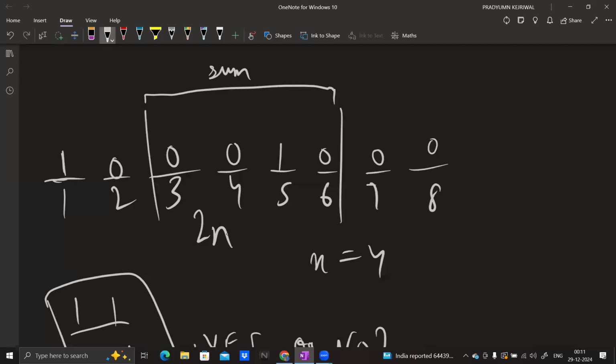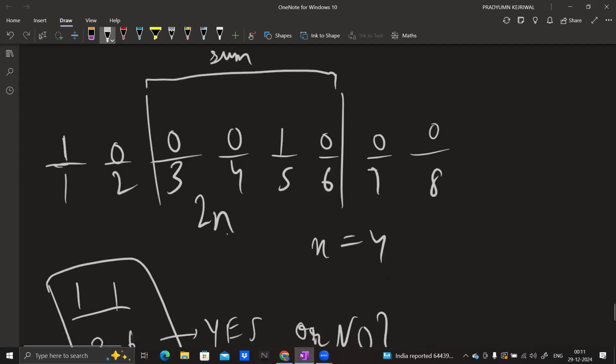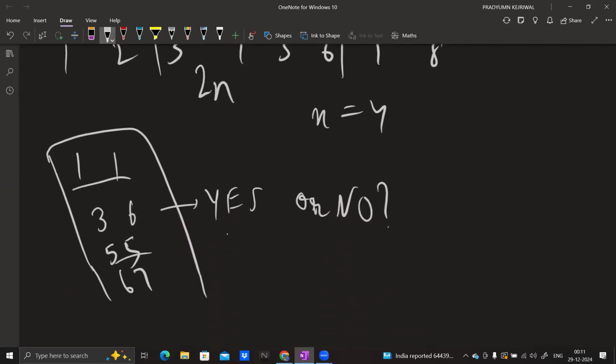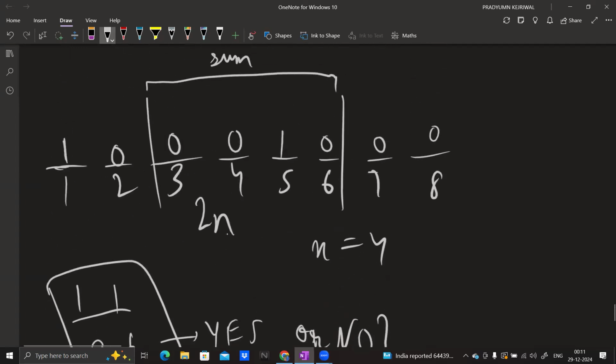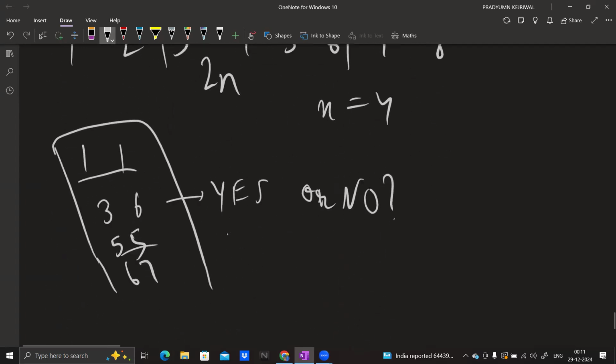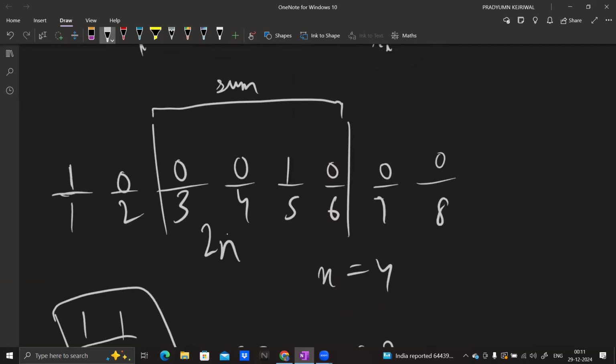You make this array first, take the prefix sum, and for each index calculate the sum for that range. If it is equal to the length of that range, in this case 3 to 6, which is 4, then definitely you can say that the answer is no.